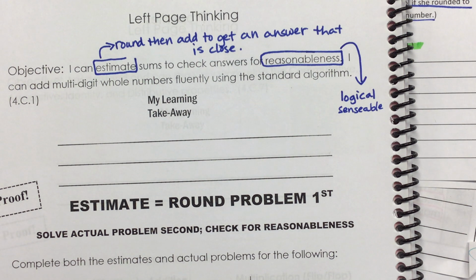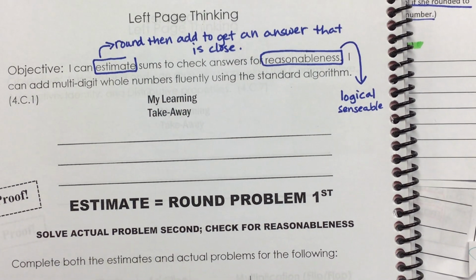Is it reasonable? If I'm adding 32 kittens plus 14 kittens and I come up with 324, that's not reasonable. That doesn't make any sense, okay? So reasonableness means we need to be able to look and estimate, and then we can decide after we add if it's a reasonable answer. It's really a way of checking your work, okay, Levi?